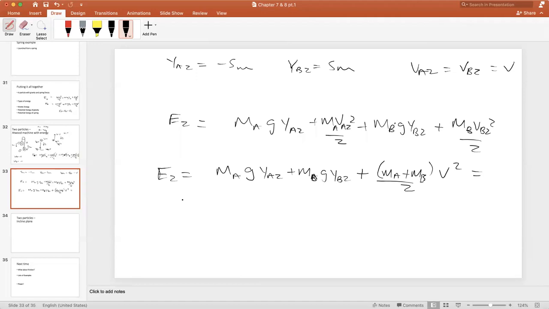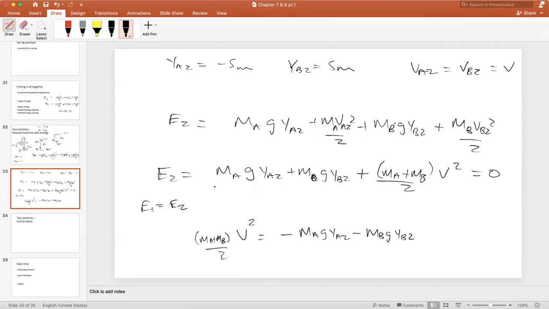And this whole thing, because E1 is equal to E2 and E1 was 0, this whole thing is 0. So I can move this stuff over and solve it for v. So I get v squared times (M_A plus M_B) over 2 is equal to negative M_A g y_A2 minus M_B g y_B2, okay?